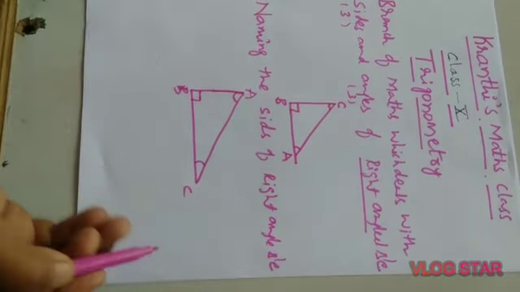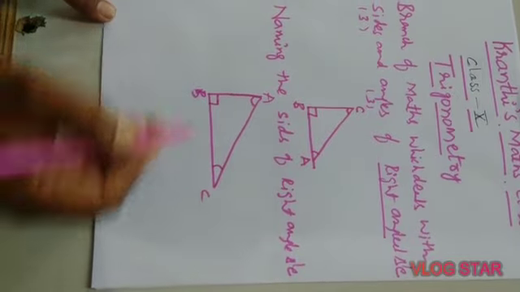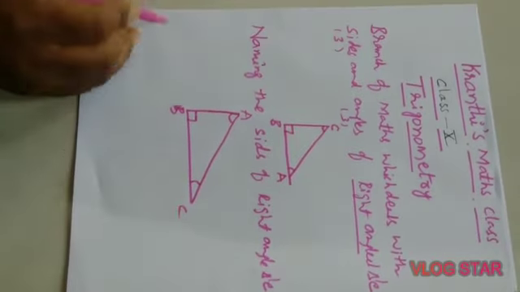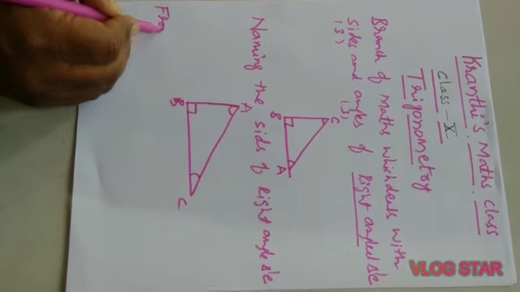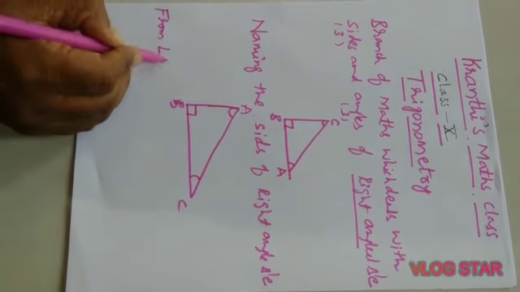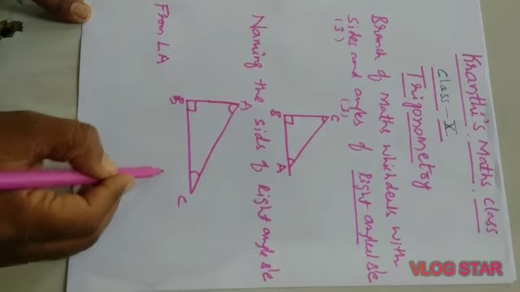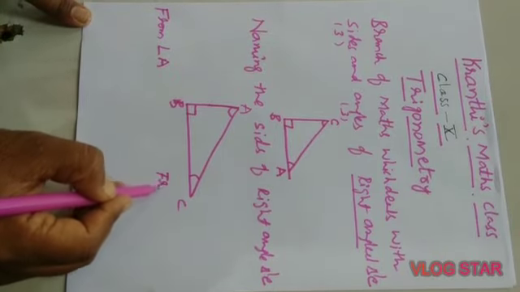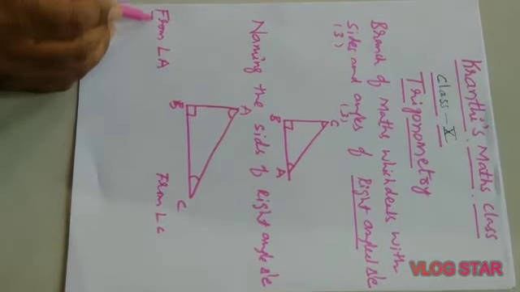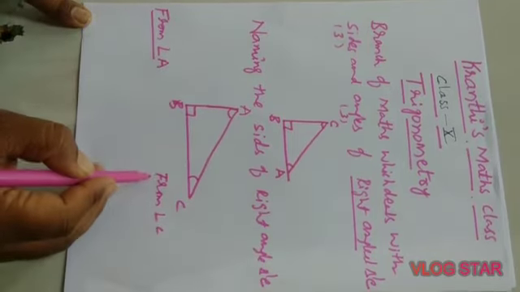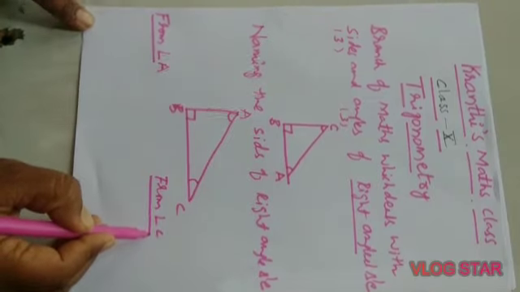We can draw the namings in two ways: from angle A and from angle C.